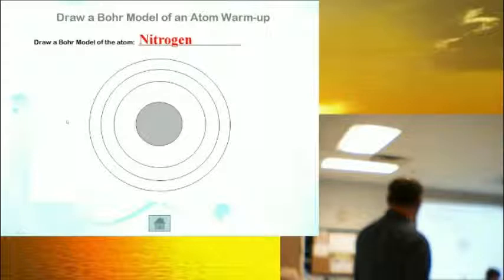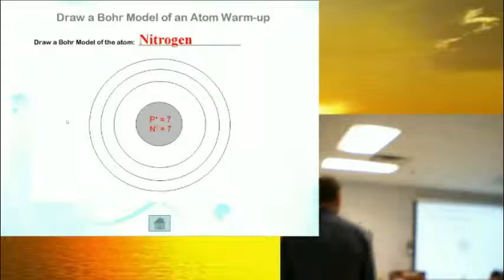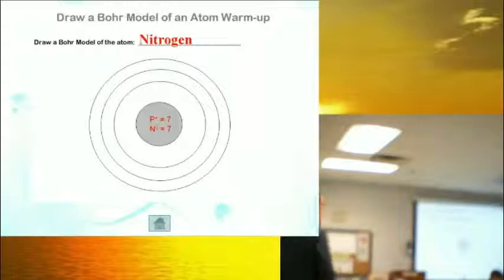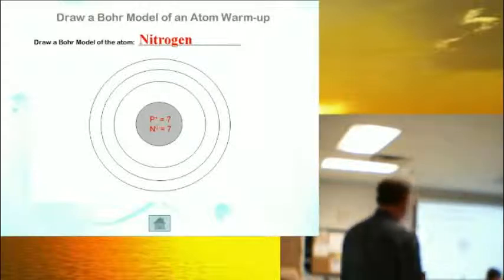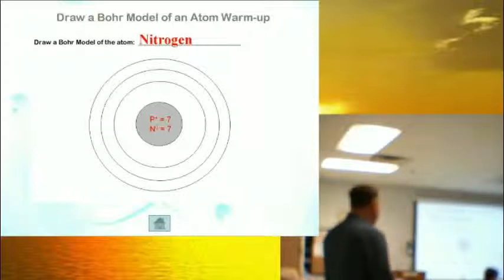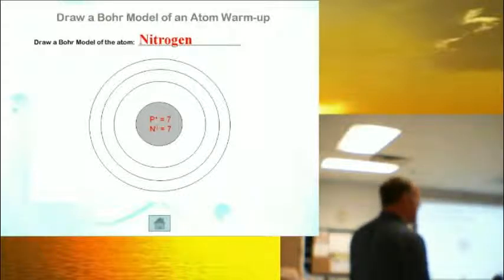This is the way this should have been drawn. We did nitrogen. It should have said P plus equals 7, N0 equals 7. And then you should have drawn electrons. How many electrons should I draw here? 2. How many altogether? 7. How many can go in the first shell? 2. There's 1. There's 2.